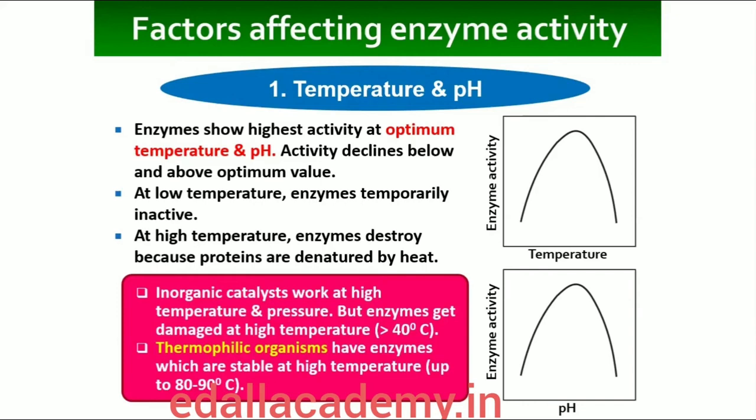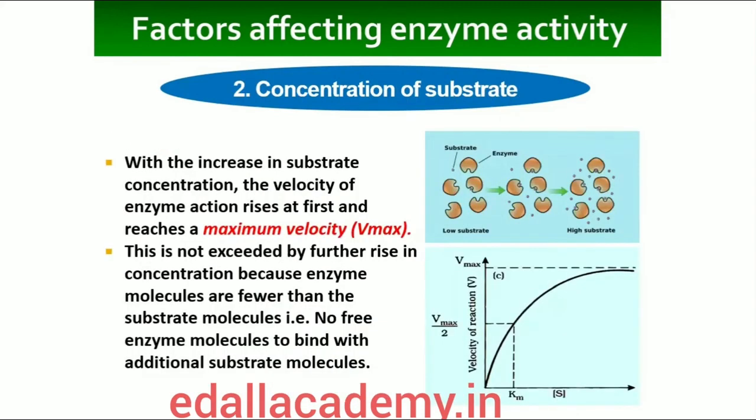The second factor is concentration of substrate. With the increase in substrate concentration, the velocity of the enzymatic reaction rises at first. The reaction ultimately reaches a maximum velocity, generally called Vmax, which is not exceeded by any further rise in concentration of the substrate.